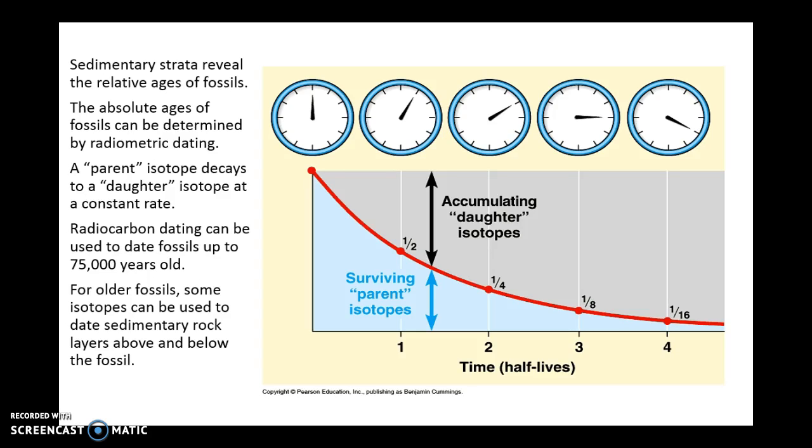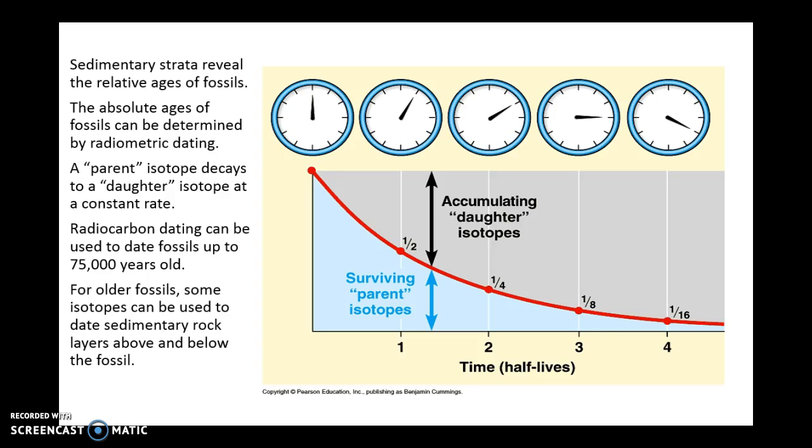Sedimentary strata reveal ages, but the absolute dating is done via isotopes. With isotopes, at a very, very constant rate, a parent isotope decays into a daughter isotope at a constant rate.